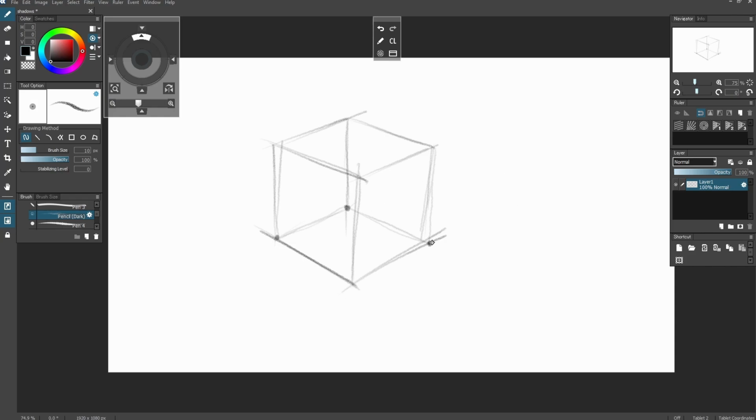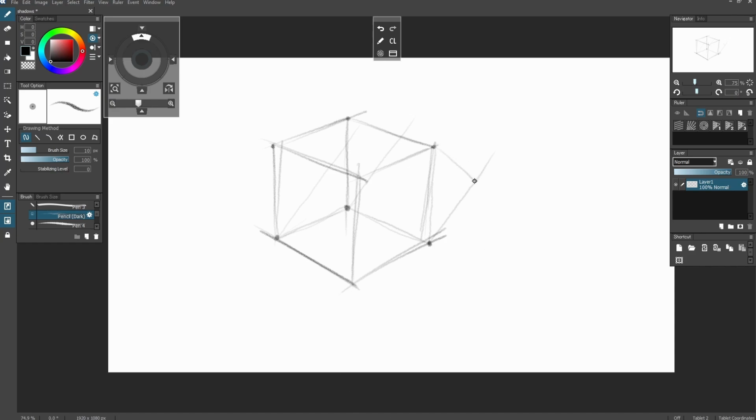Okay, and now let's draw where we want our shadow to go. Again, make sure your lines are at the same angle and in the same direction. Now, since we have the direction of the shadow, we need to determine the angle. So let's make it a little bit larger this time, something like that.